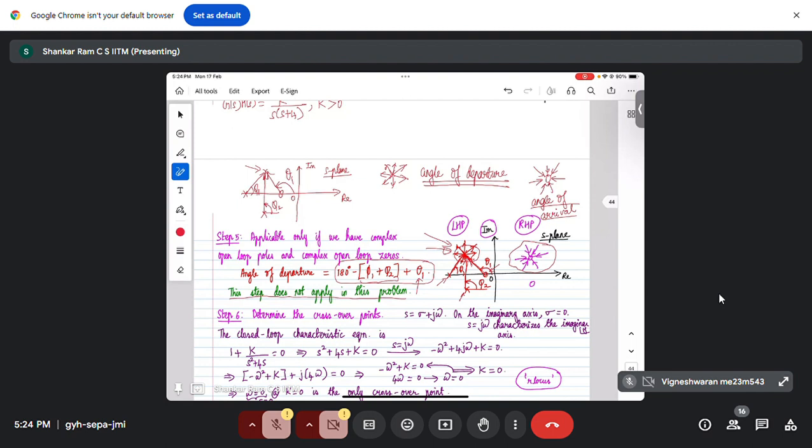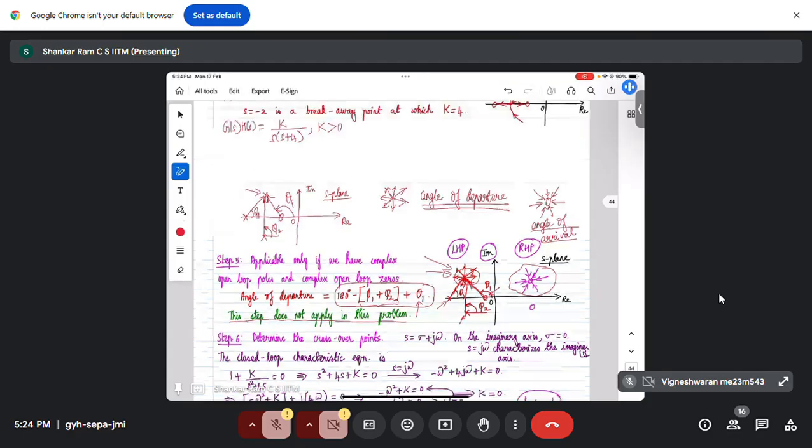Typically for open loop zeros, we have the arrow arriving towards the zero. That is when you want to calculate which branch arrives at the zero. But here you are calculating how the branch goes away from the open loop pole.